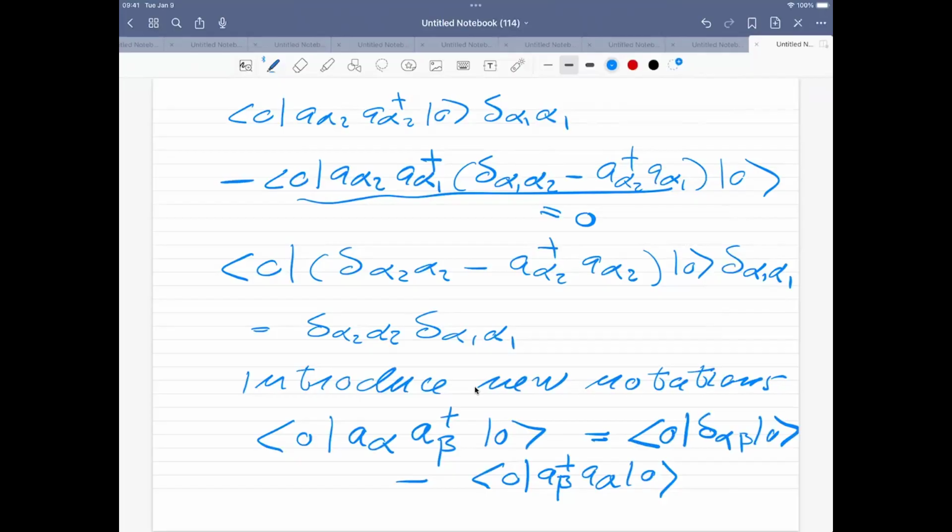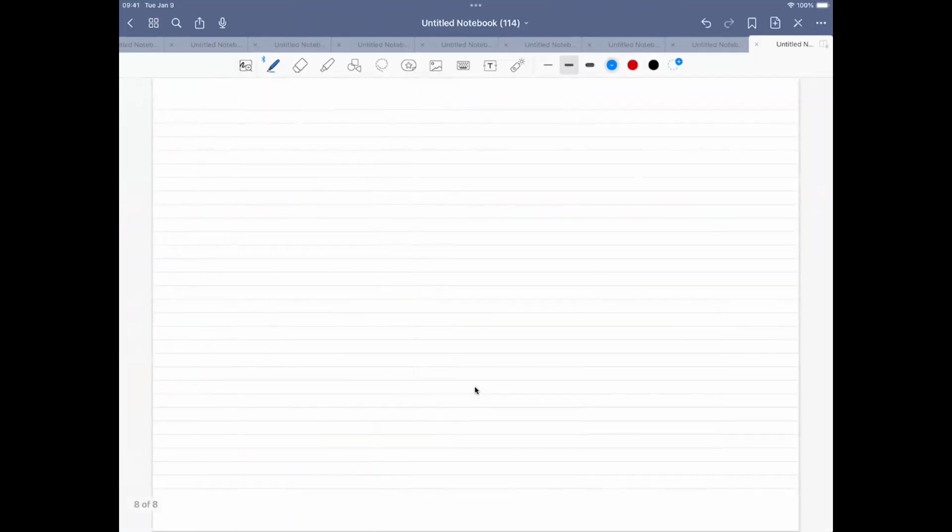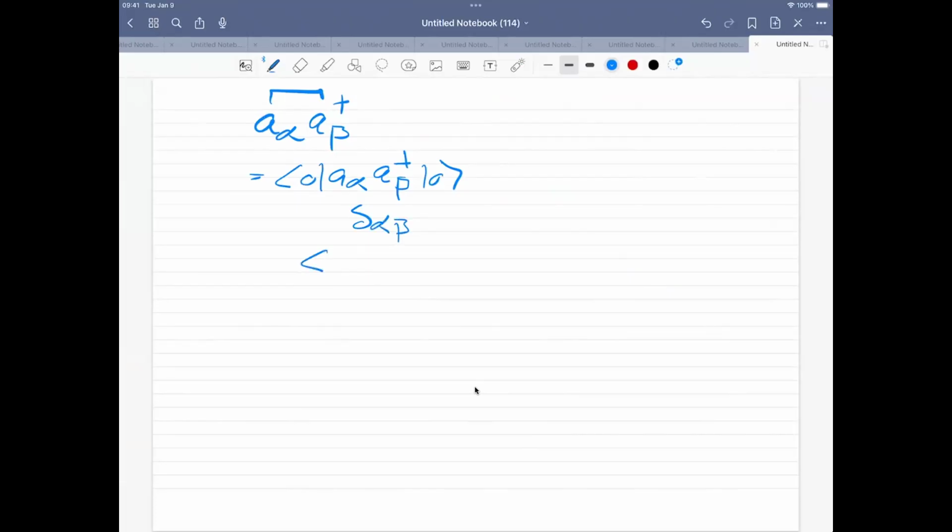If you look at this expression here, I'm going to write this in a more compact form. So I'm going to have an A alpha, A beta dagger, and this is the same as 0, A alpha, A beta dagger acting on 0, which is the same as a Kronecker delta alpha beta.